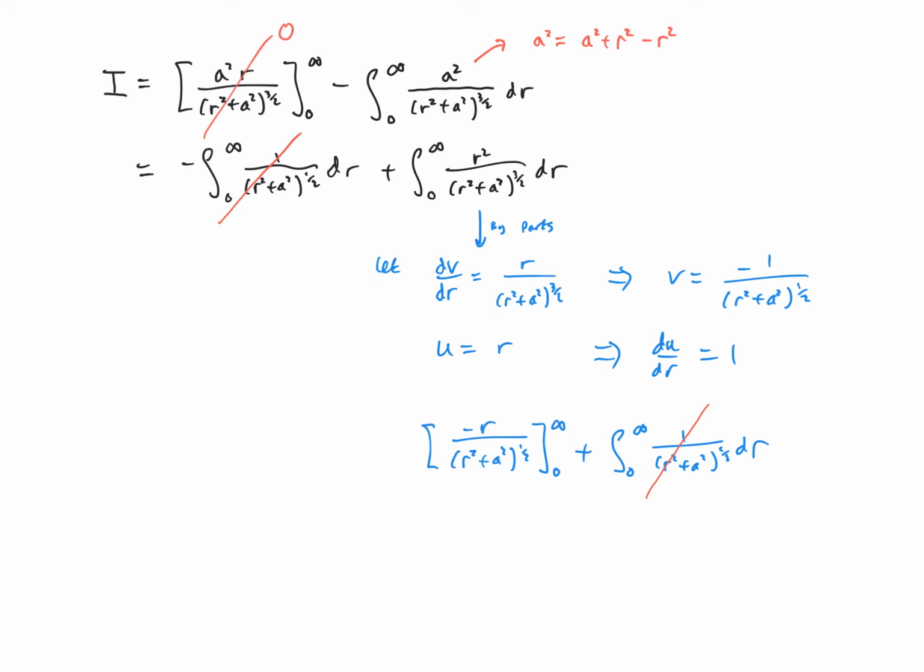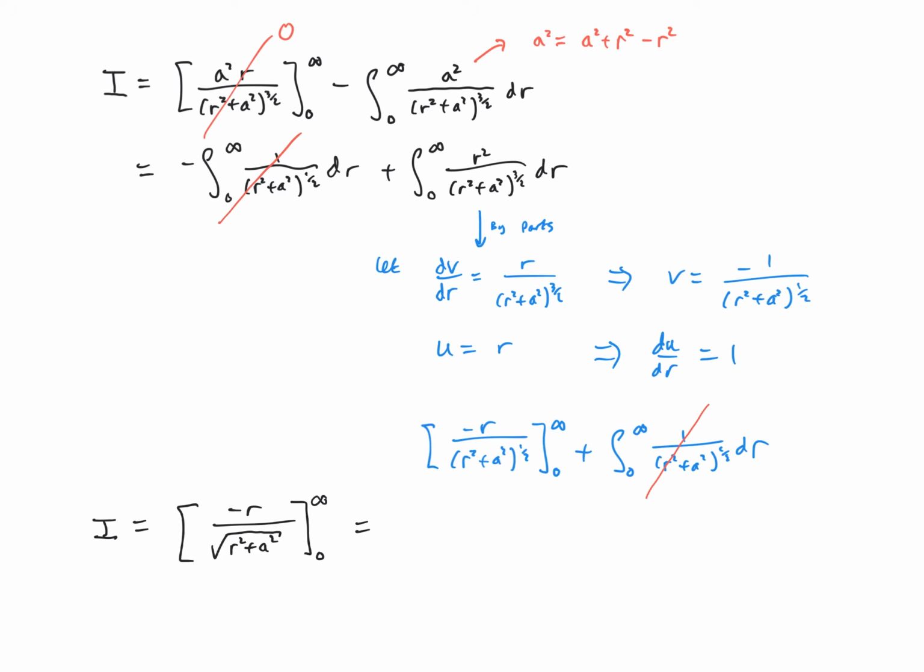And so, in the end, we're left with the result that this integral I that we're looking for is actually just minus r upon the square root of r squared plus a squared, evaluated from 0 to infinity. What happens at infinity? At infinity, the object downstairs is the square root of something large squared plus a squared.